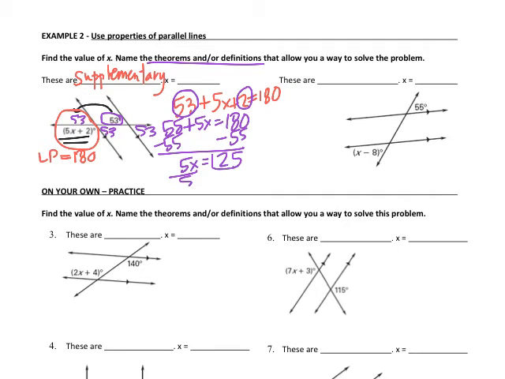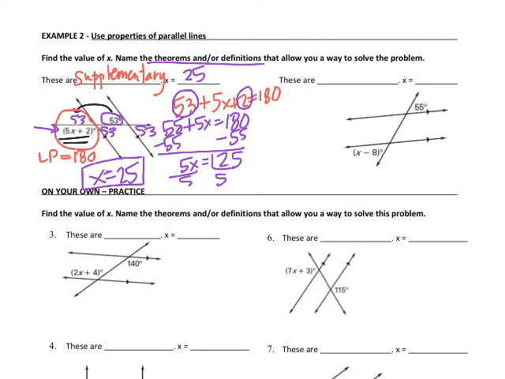Dividing by 5, I have x equals 25. All right, and if I wanted to check, I could just plug that back into this expression here, the 5x plus 2, and make sure that that adds up with the 53 to equal 180.